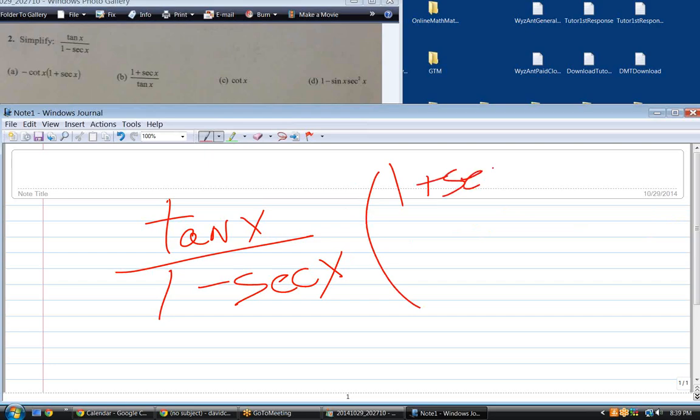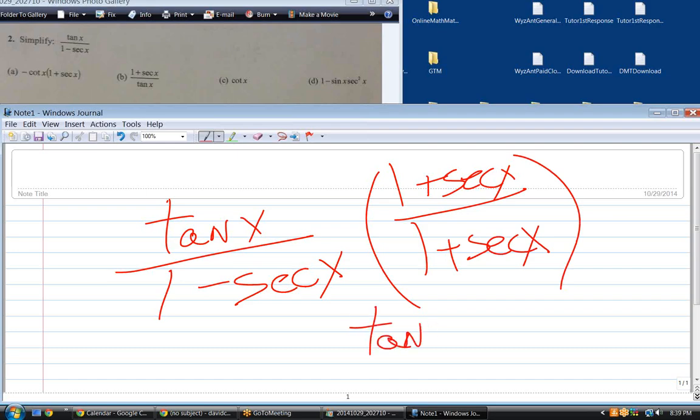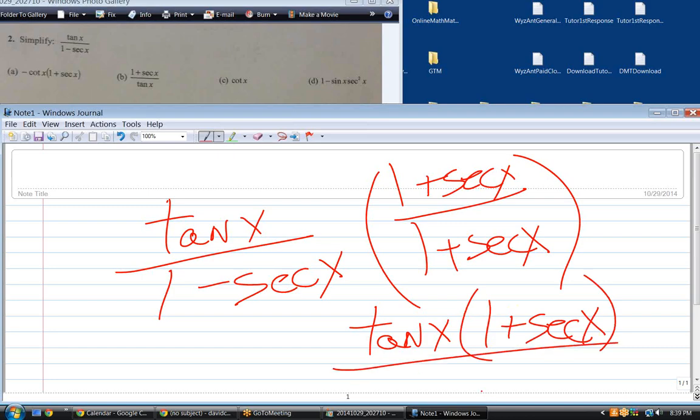1 plus secant x over 1 minus secant x, times 1 plus secant x over 1 plus secant x. That's the number 1. So what do I get in the numerator? I get, and never distribute this out when you do this technique, otherwise you'll have to undo it.